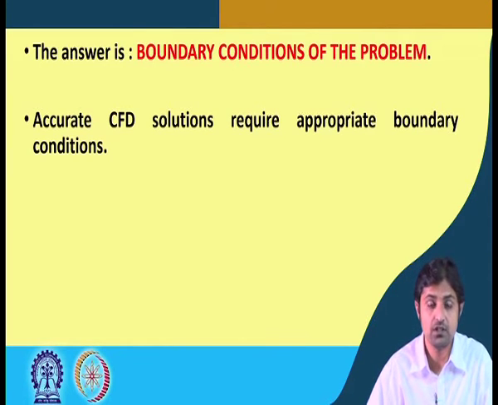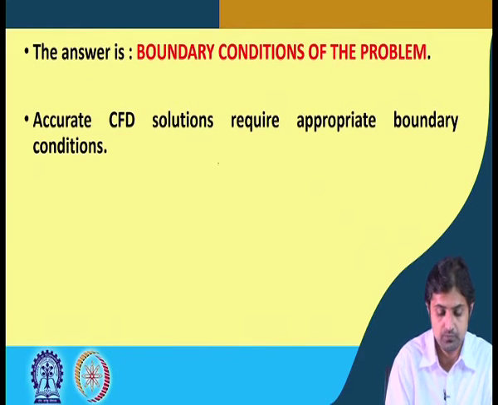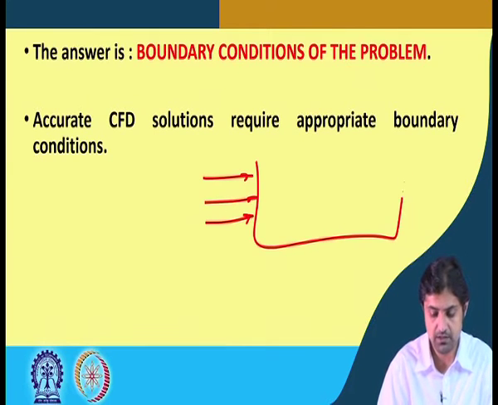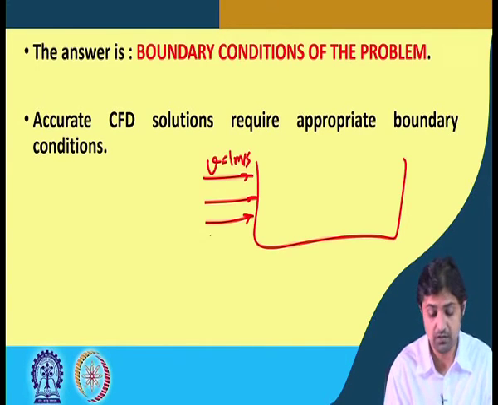Boundary conditions, I will tell you what that is. For example, if the flow is occurring in a tank itself, the velocity is like 1 meter per second. This is one continuously occurring, right. So this is one boundary condition.